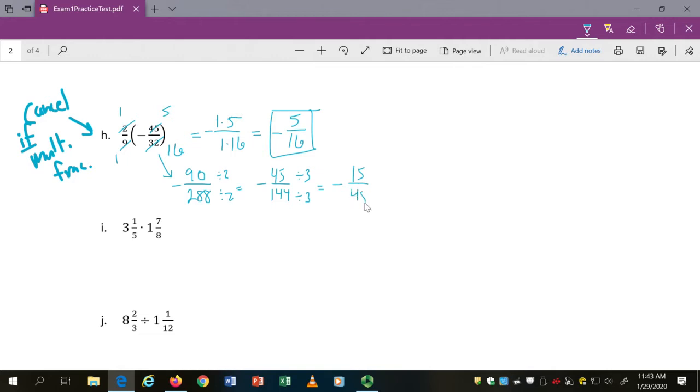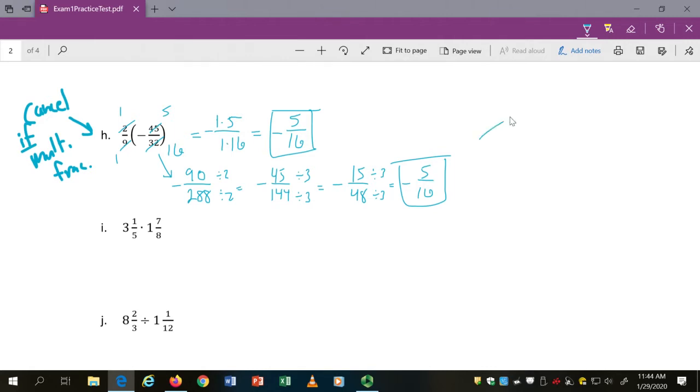Yeah, and then at that point, you might realize those are both divisible by 3 again, and that would take you down to 5 over 16, which is the right answer. It's just a little more complicated to do it that way, because once those numbers get big, it's hard to recognize that they're both divisible by the same number, especially when 3s and 7s and weird numbers get involved. So it's a lot easier to cancel ahead of time if you can. Okay?